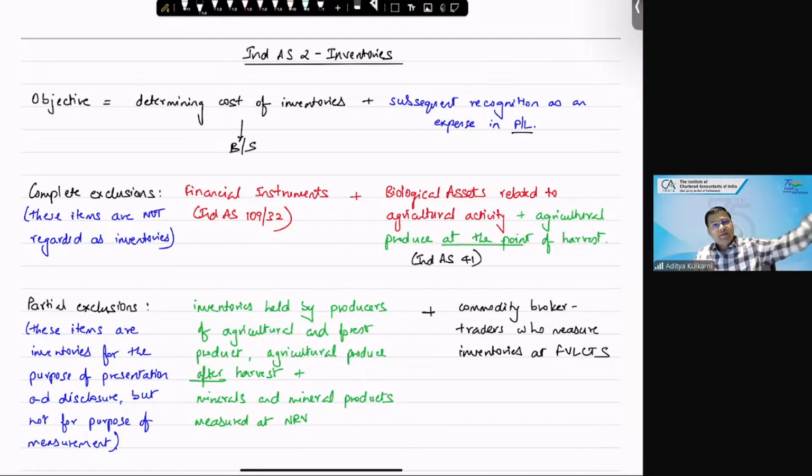Now, it may appear that it would be his inventory, but because of the scope exclusion, financial instruments specifically covers all aspects of financial assets, all aspects of instruments like equities, mutual funds, everything, whether it is held to sell, or whether it is held till maturity, whatever be the business model that you are following, which is prescribed under Ind AS 109, whether it is held till maturity, or held for sale, or a combination of both of them, all these scenarios are beautifully covered under Ind AS 109, and the presentation matters are covered under Ind AS 32, Ind AS 107.